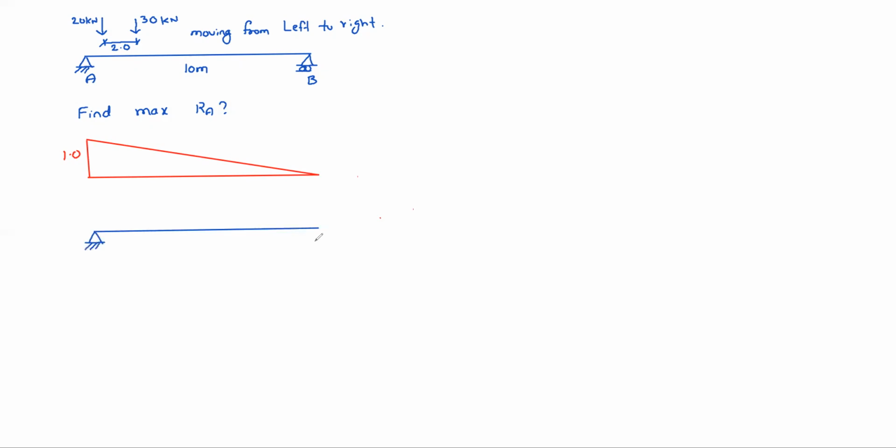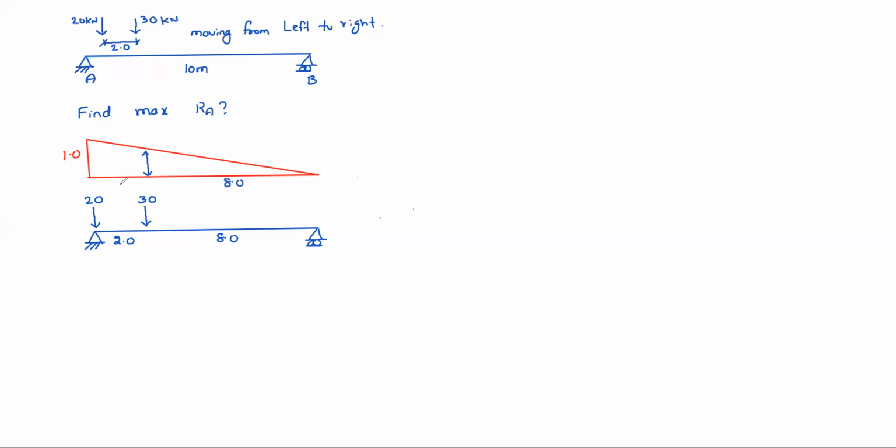Simply supported beam. So see, it is decreasing from 1 to 0. Obviously, so loads we need to keep like this. 20 and 30 kilonewtons. Okay, this is 2 meters gap here. Here it must be 8 meters. That means here at 2 meters. So this is 8 meters.